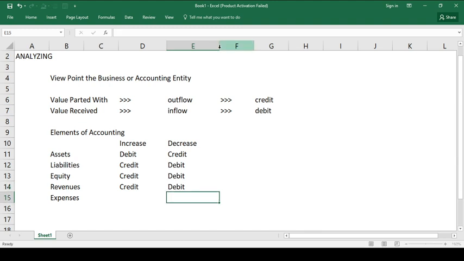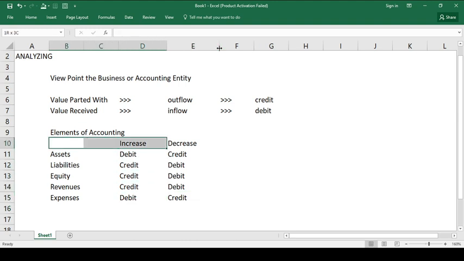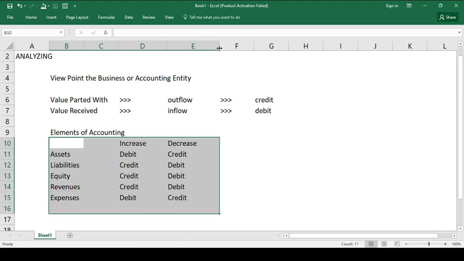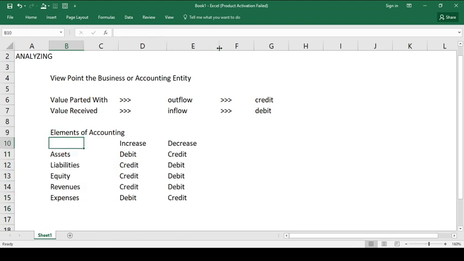Once we record expenses, once we want to increase our expenses, we need to debit it, and once we want to decrease our expenses, we will credit it. Yun po yung mga rules. Take note, later on i-apply po natin itong rules na to.